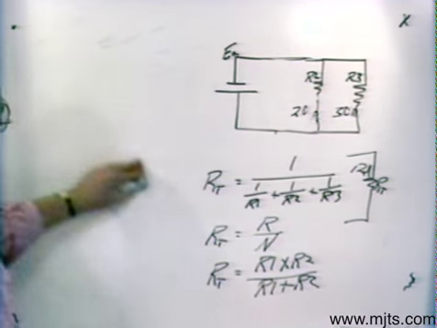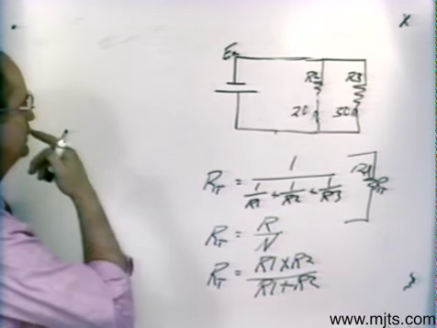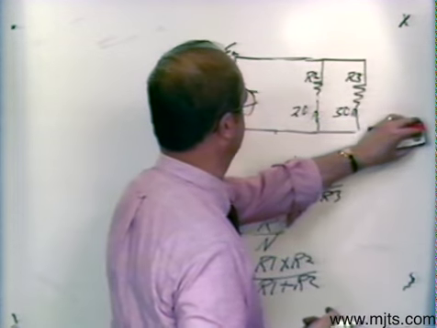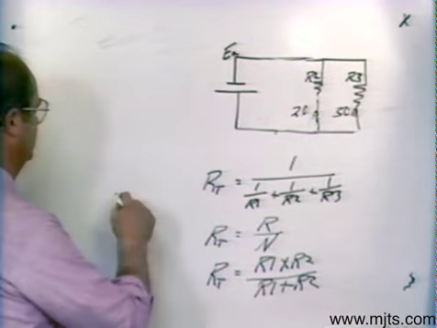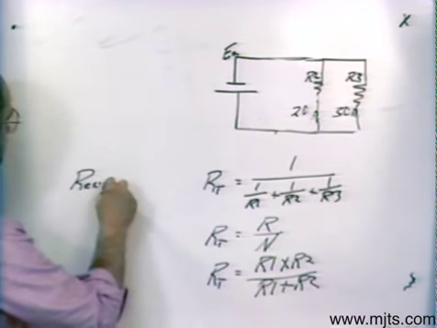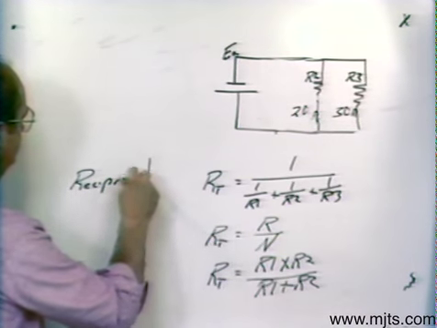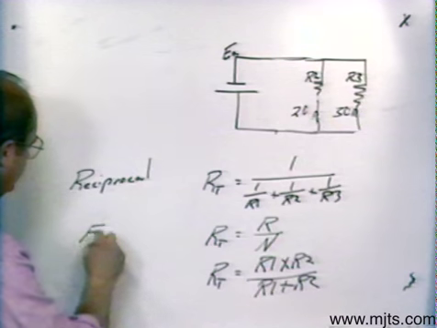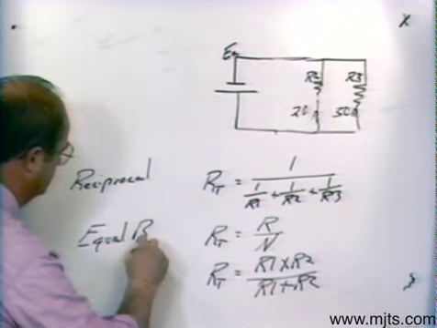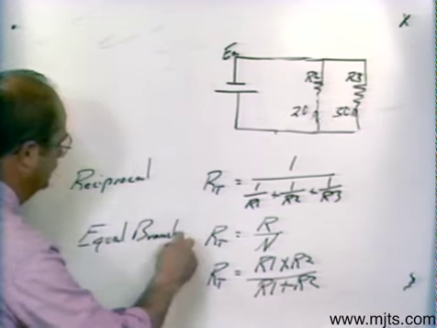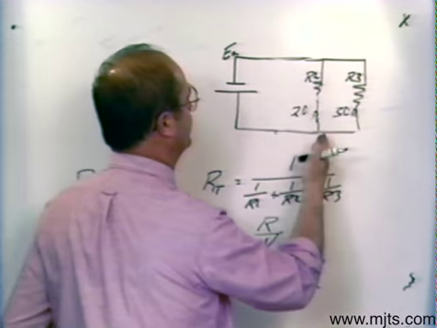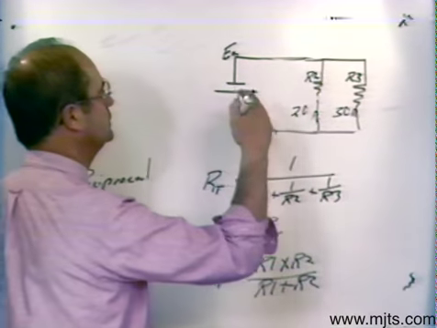Now we've got 3 formulas that we can use for finding resistance in parallel. And like I say, this is the reciprocal method. This is the equal branch method. In other words, anytime you hear it referred to branches, you know it's in parallel.